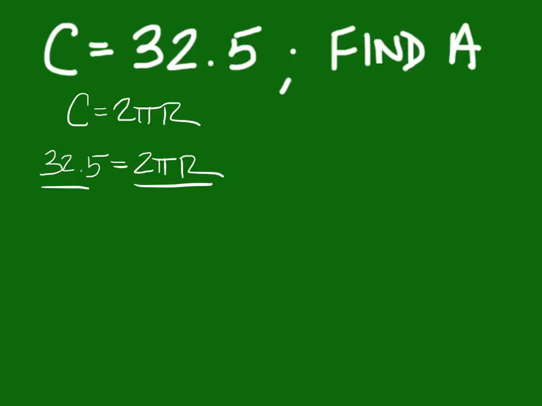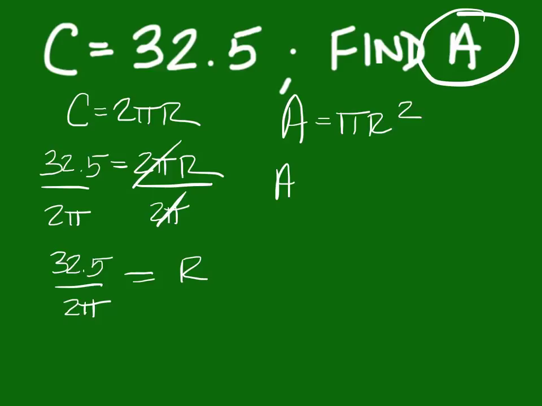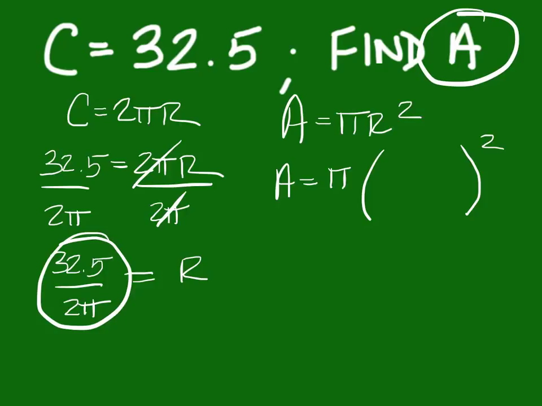Divide both sides by 2 pi, and those cancel out, leaving you with r, and then 32.5 over 2 pi on the left. You are finding area. Area is pi r squared. So area equals pi times the quantity squared of what you found for the radius over there. So 32.5 over 2 pi.